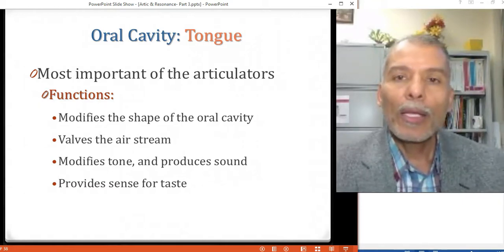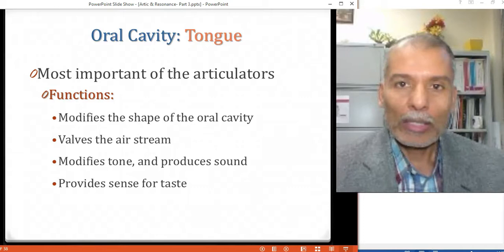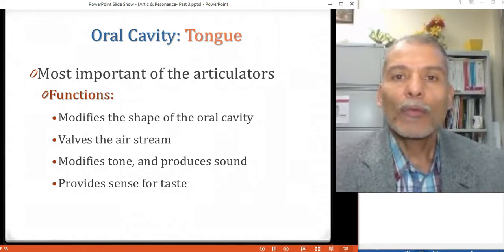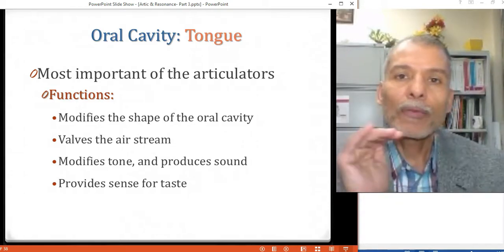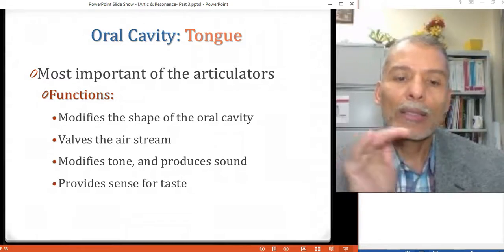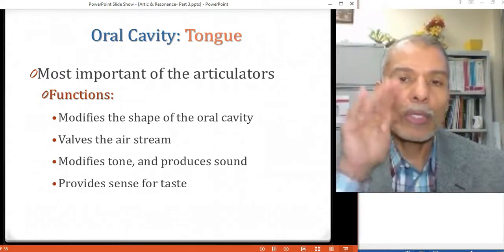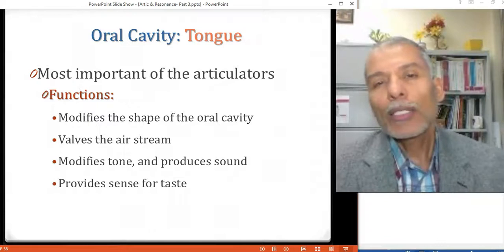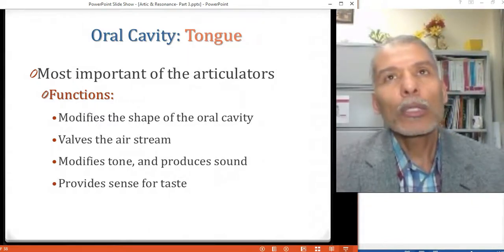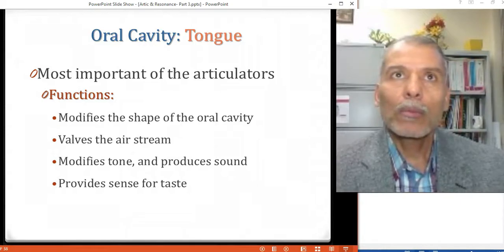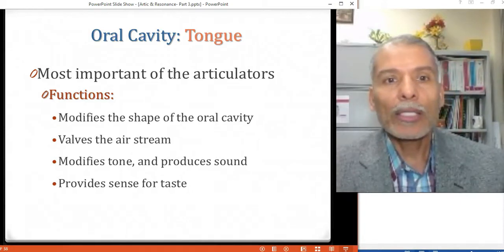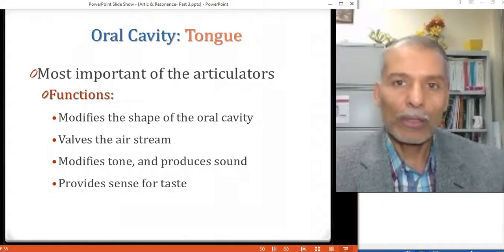The tongue is the most important articulator, and one of the reasons is that it is very flexible, and it can move forward, backwards, up and down. You can just simply think about all the sounds, and think about the tongue and see what sounds the tongue contributes to.